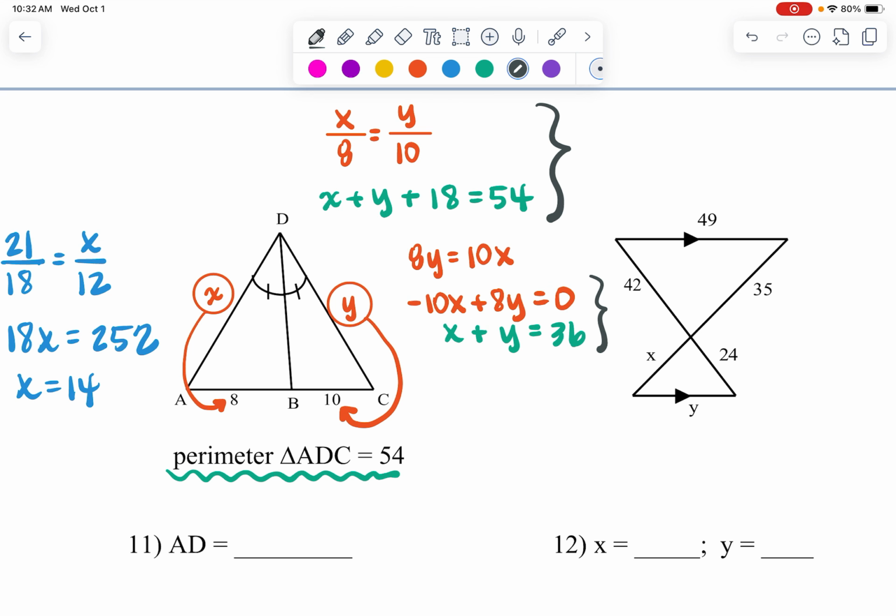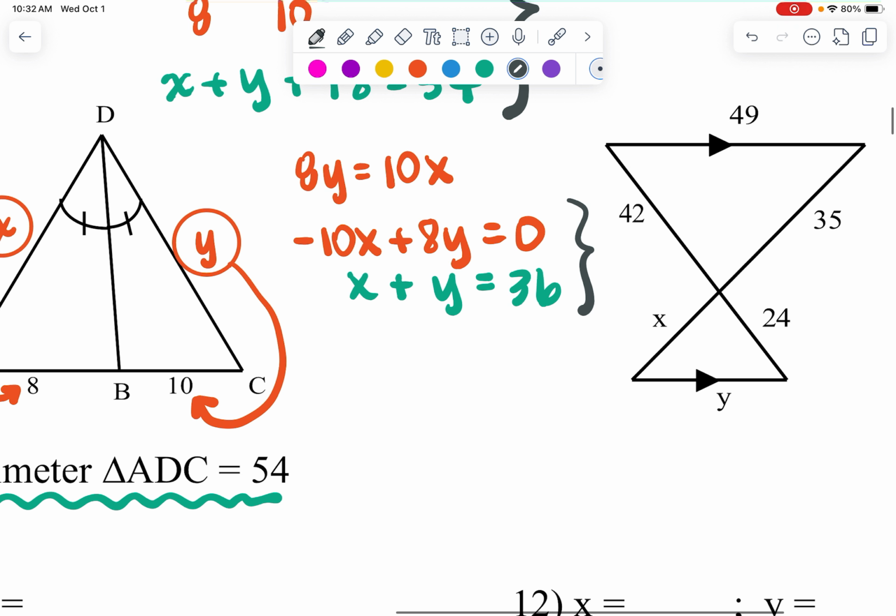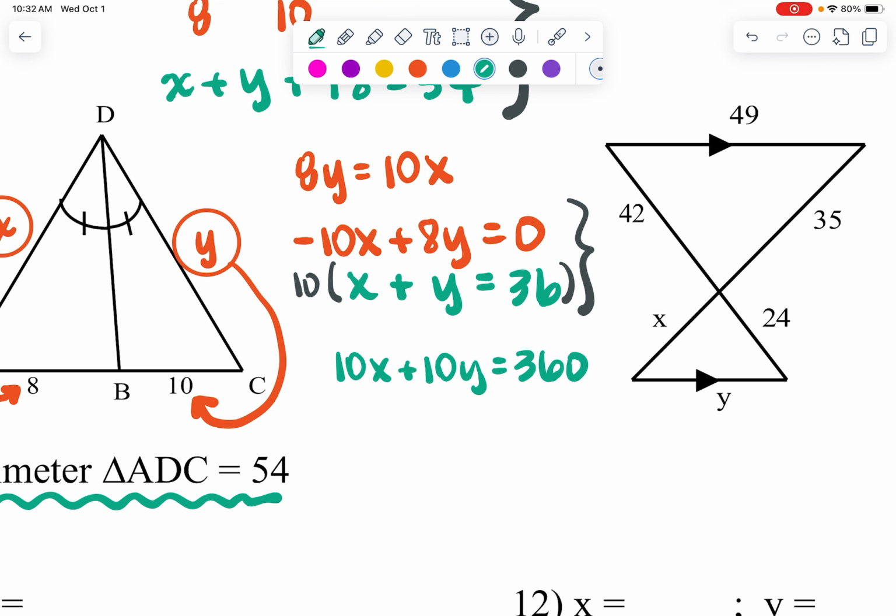So now I can solve by the elimination method. You could also use the substitution method here. That would be a great time to use that. It would be pretty easy. Let's see, I'm going to multiply my bottom equation by 10 because I'm just going to cancel out those x's. So that's going to give me 10x plus 10y equals 360.